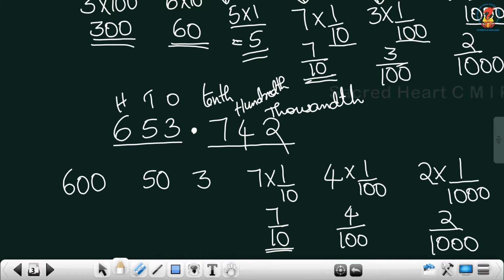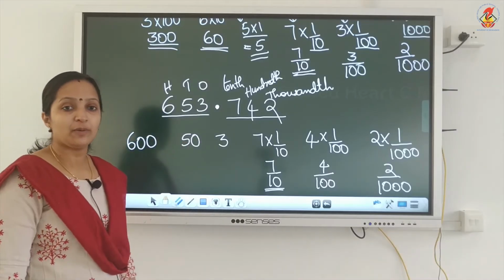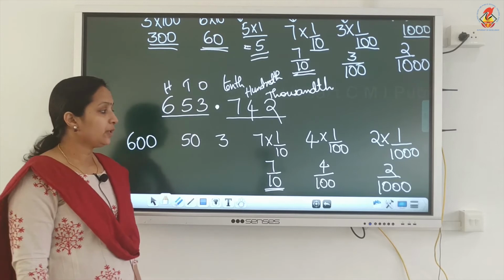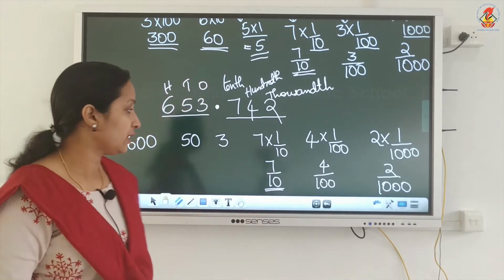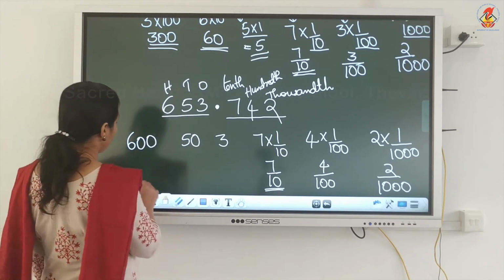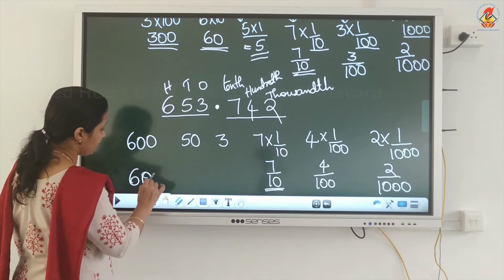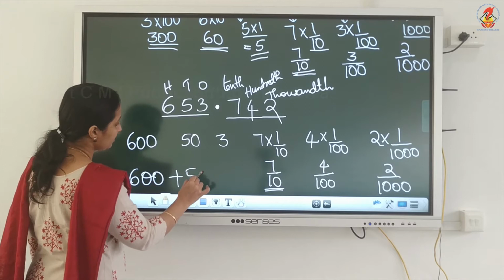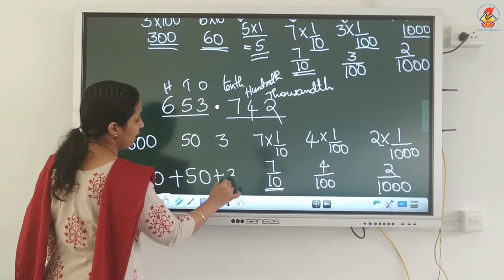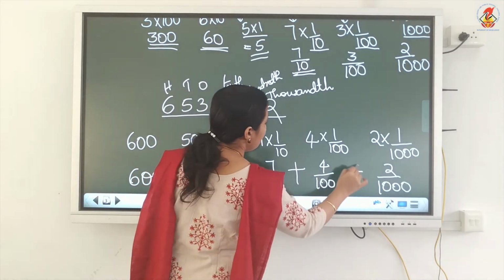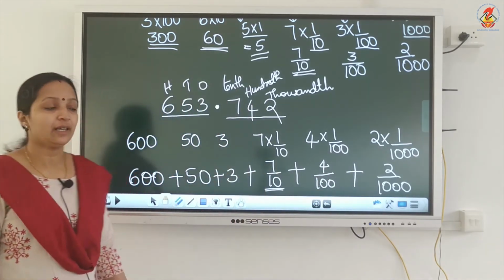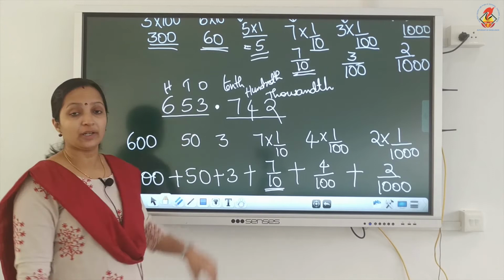Place value of each digit in a particular number is clear, children? Suppose you want to write the expanded form of this particular number, how will we write? We already studied writing the expanded form, just include an addition sign. We can write it as 600 plus 50 plus 3 plus 7 by 10 plus 4 by 100 plus 2 by 1000. This will be the expanded form of this number.